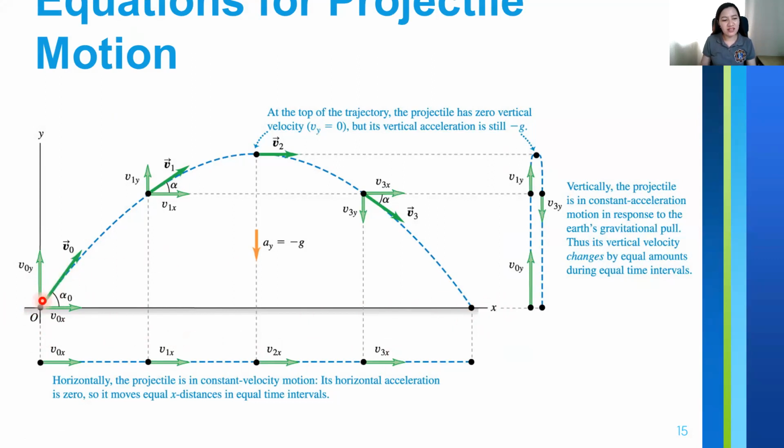As the object goes up, the horizontal component stays the same, but the vertical component of the initial velocity will be decreasing until it reaches the highest point of the trajectory. The vertical component of the velocity would now be 0. So at the topmost portion, only the horizontal component remains. And then as it goes down, the magnitude of the vertical component increases again, but this time it is directed downward.